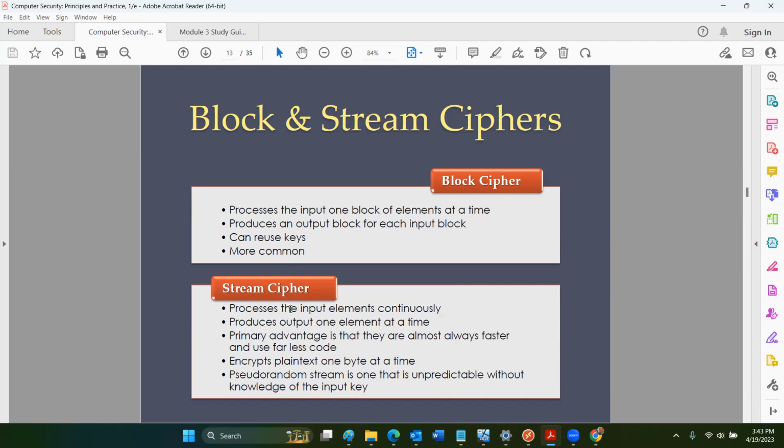Stream ciphers process each of the input elements in a steady sequence, right? Continuously. And it produces output one element at a time. So the stream comes out. The primary advantage is that they are almost always faster and use far less code.